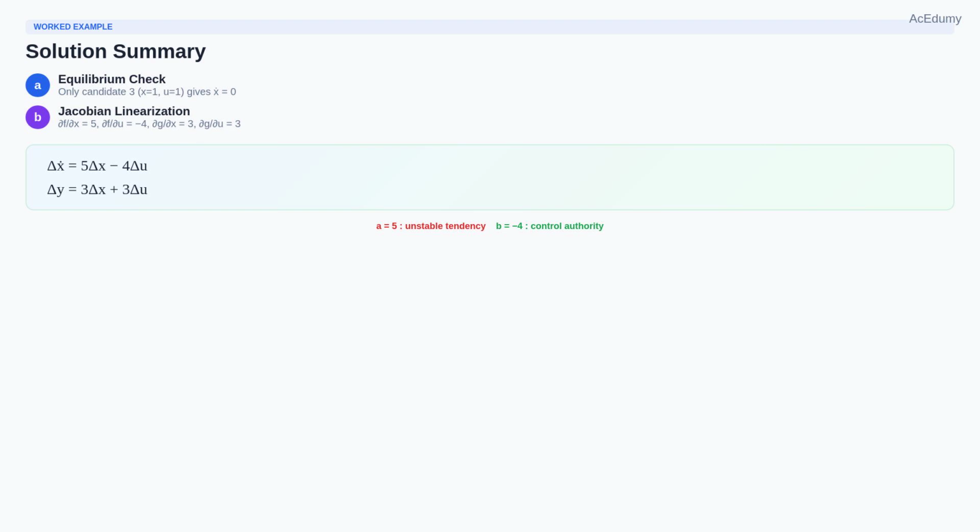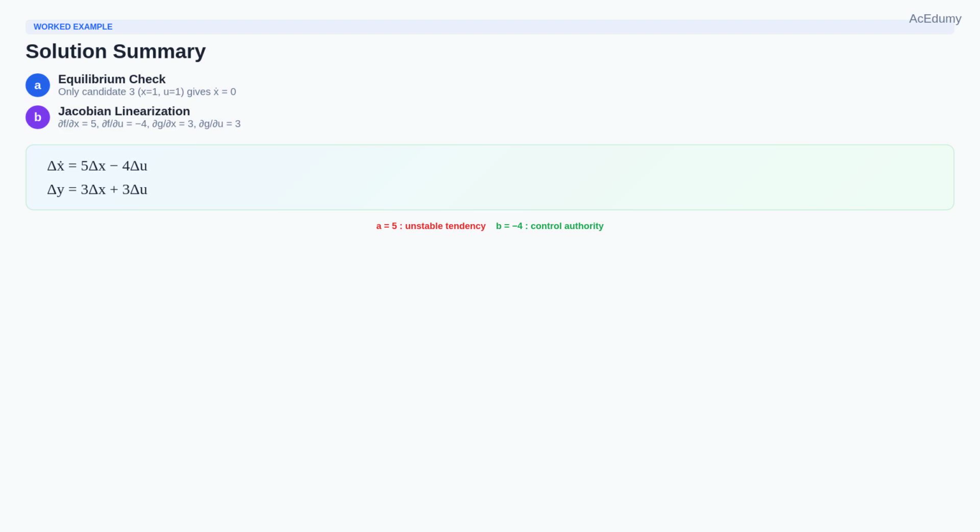Let us recap. We had a nonlinear system with x dot equals x minus 1 times u plus 2x squared minus 2u squared and y equals 3xu. In part A, we checked 3 candidate set points by plugging into x dot and requiring it to equal 0. Only candidate 3 with x equals 1 and u equals 1 satisfied the equilibrium condition.